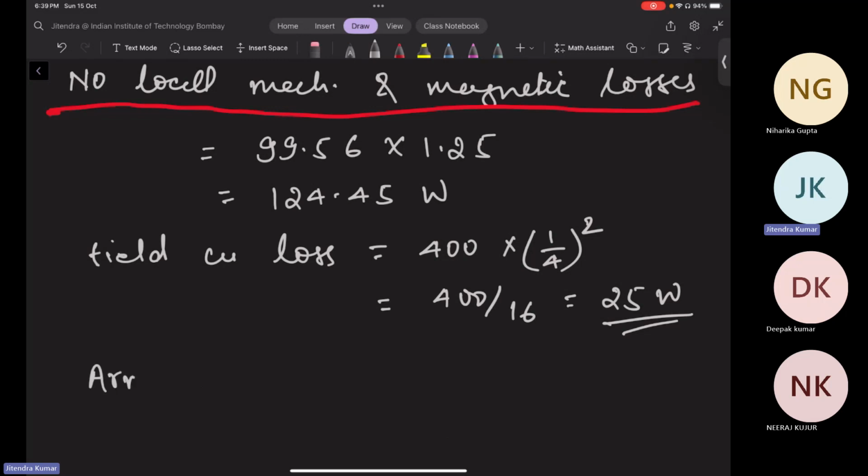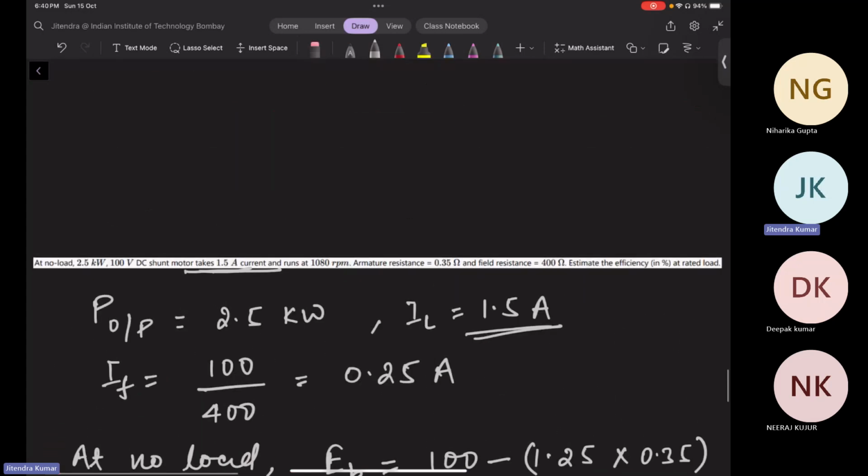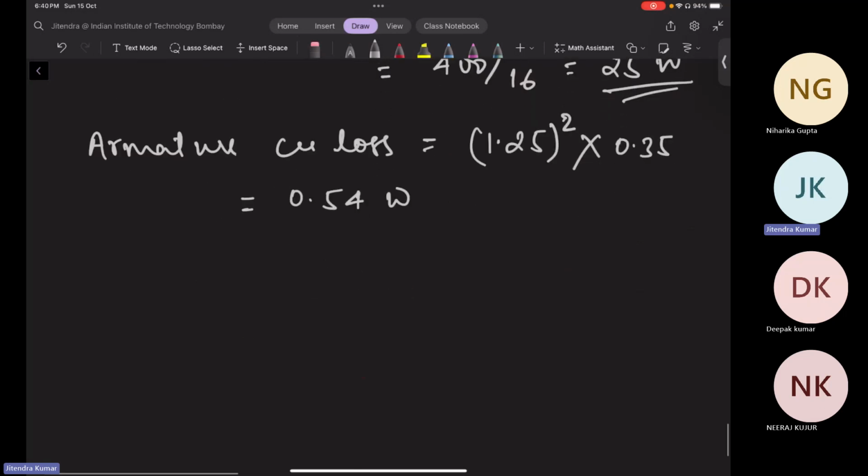So armature copper loss at no load is 1.25 square into RA. RA is 0.35. It is 0.54 watt. This will be armature copper loss.